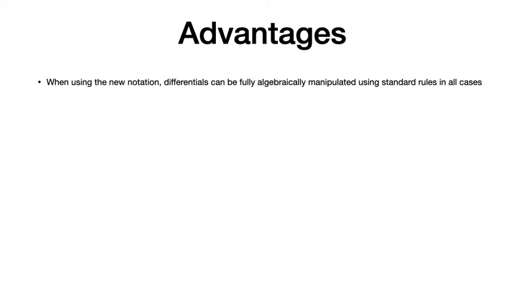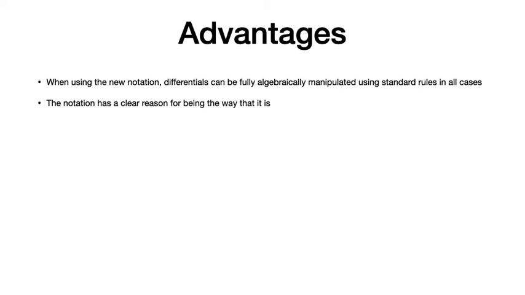All right. So the advantages of this is using the new notation, differentials can be fully algebraically manipulated using standard algebra rules in all cases. So we can multiply both sides by dx, it still works. Divide both sides by dq, it still works. You can treat them all just using standard algebra rules. Things will cancel, things will multiply, it all works out great.